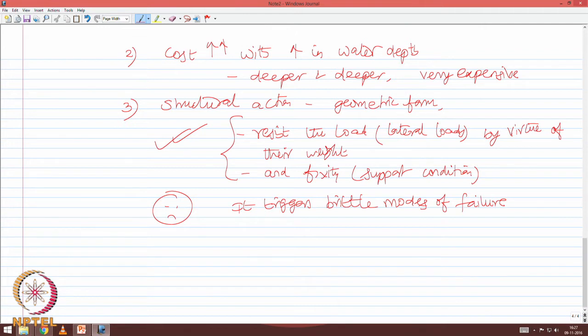One can ask a common question: what is the kind of material being used for constructing such platforms? The most commonly used material is steel, and the alternate material is concrete.